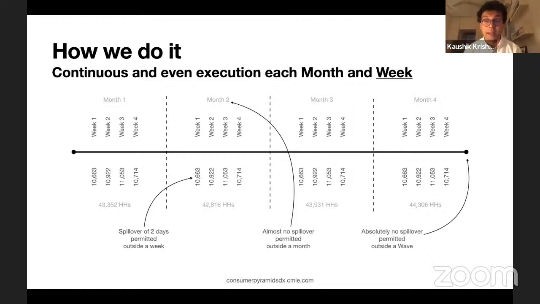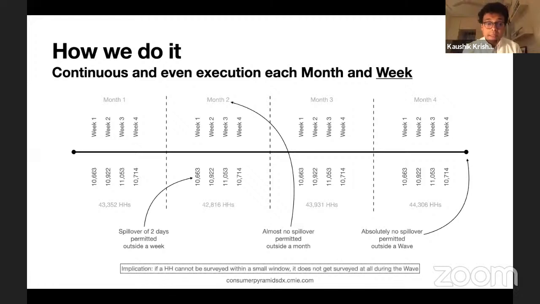We don't permit that. Because if we allow that, that changes the continuity and the even execution week by week and month by month. And we can't afford that because that's critical to the way in which the data is consumed and turned into representative estimates. So we're willing to sacrifice sample, sometimes as much as almost half of the total non-response, if those households cannot be executed on time.